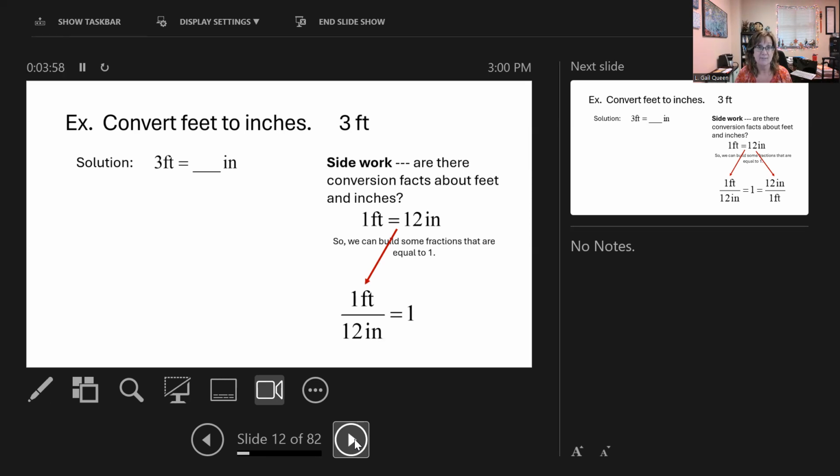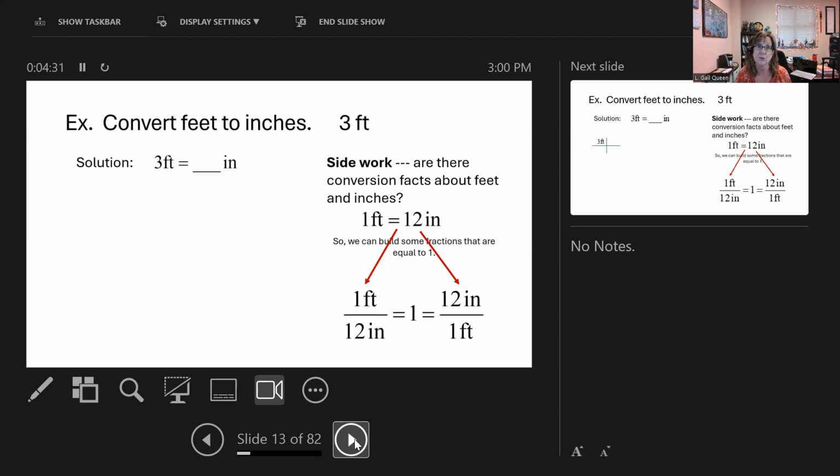This would be like having 5/5, but I have different units, 1 foot on the top and 12 inches on the bottom, but it still is equivalent to 1. I could also invert the fraction and put the 12 inches on the top and the 1 foot on the bottom. Again, the quantity in the top and the quantity in the bottom are the same, so that fraction is equivalent to 1.